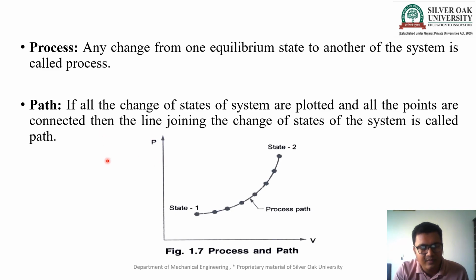If all the points are connected by drawing lines, the lines joining the changes of state of the system are called the path. This is called the path.